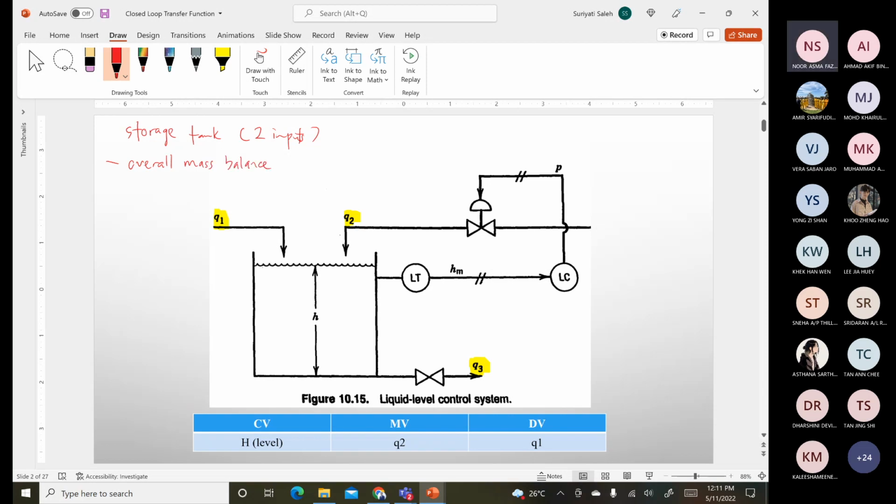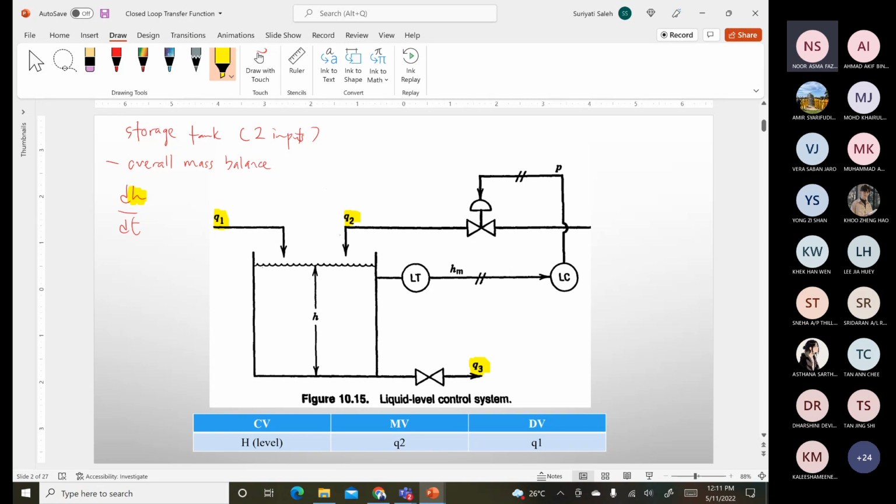Based on the overall mass balance, you can obtain, for example, dH over dt, where the H here represents your level inside the tank. Since we have two inputs coming into the system and one output, then of course, depending on the value of your flow rate, the level will change.